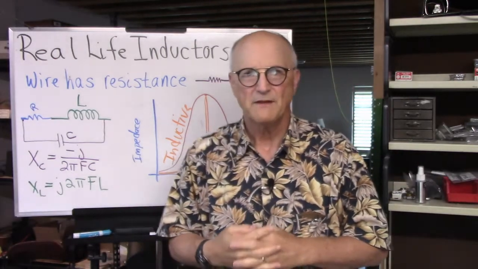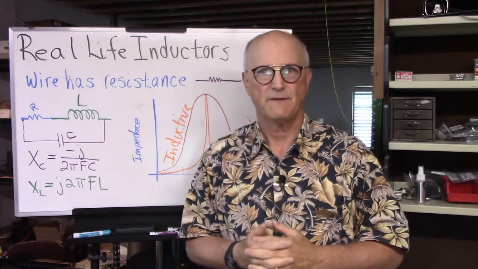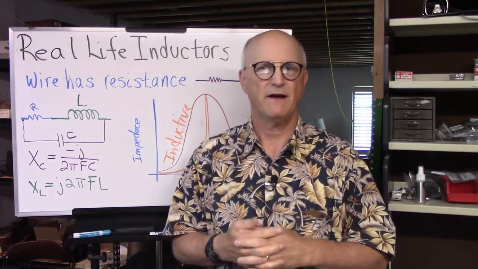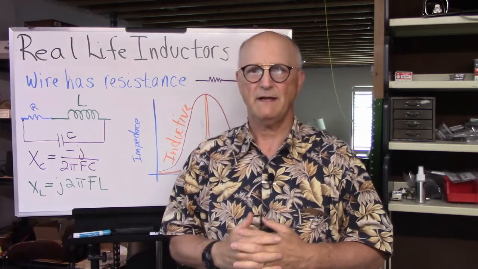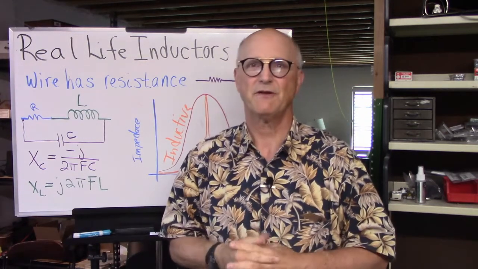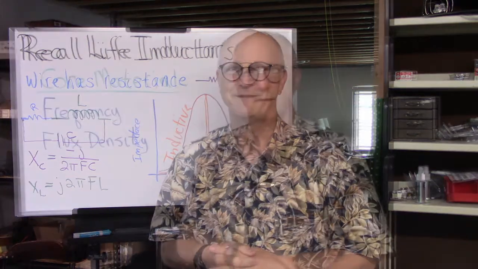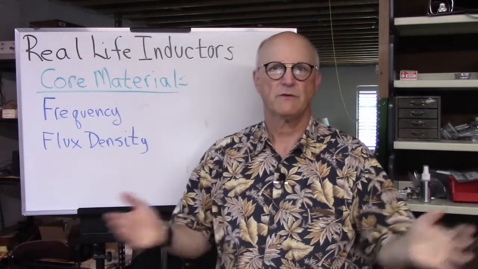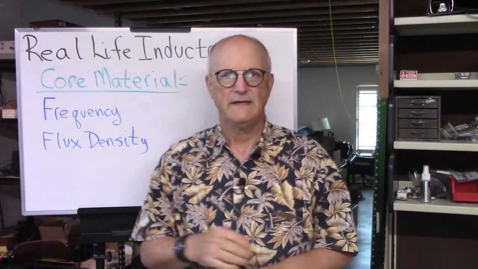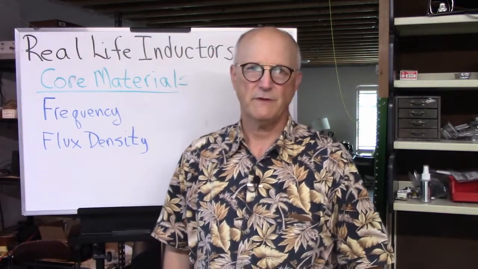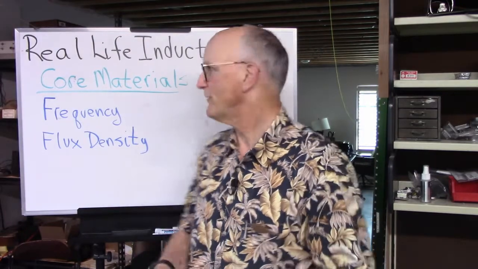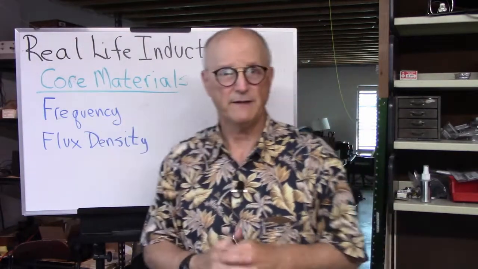So, the one last aspect of the characteristics of this real-life inductor has to do with the characteristics of the core material. The characteristics of core materials is more than just the relative permeability of the core material. Core materials can also be frequency dependent.